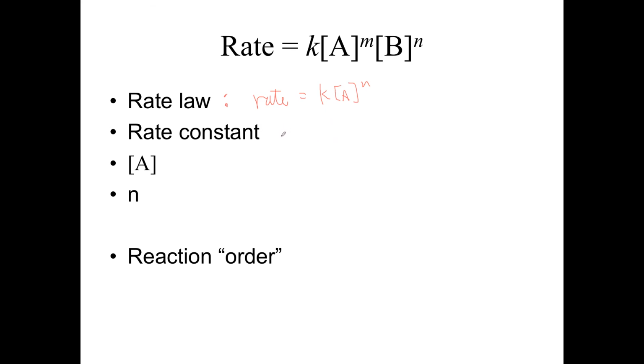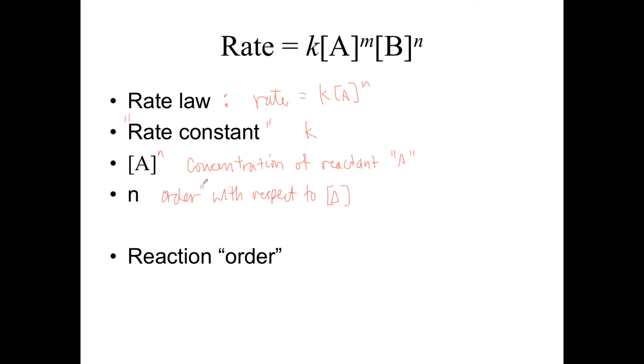The rate constant, that term right there, is the K. A is the concentration of reactant A, okay? And N, here it is now, it is the order with respect to, in this case, A, okay?